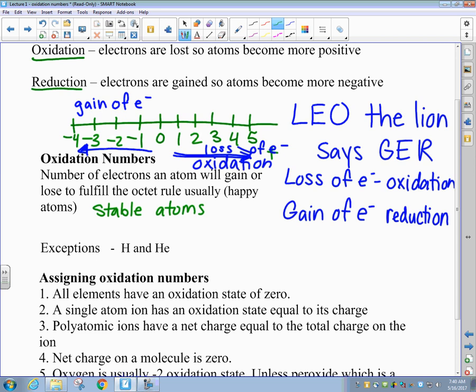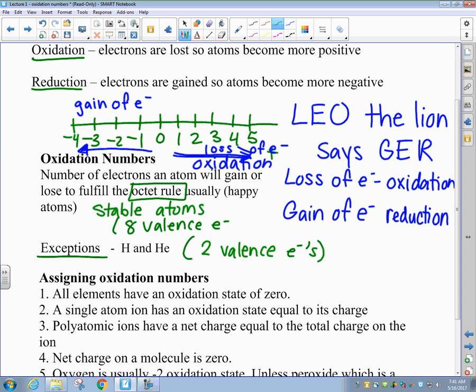There are, of course, exceptions. Two of the exceptions that we encounter quite a bit are hydrogen and helium, which are stable with only 2 valence electrons. And of course, the octet rule means that most atoms are stable with 8 valence electrons.